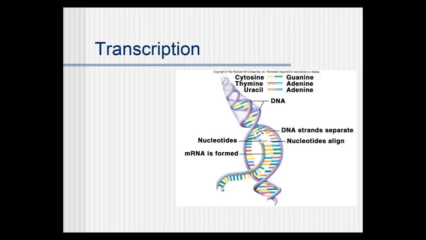So if we look at what bonds to adenine, instead of thymine as in DNA, we see uracil bonding in RNA. So again, cytosine and guanine always go together. Thymine and adenine in DNA always go together, but if we're making messenger RNA, then uracil bonds with adenine, not thymine, because RNA does not have thymine, it has uracil instead.